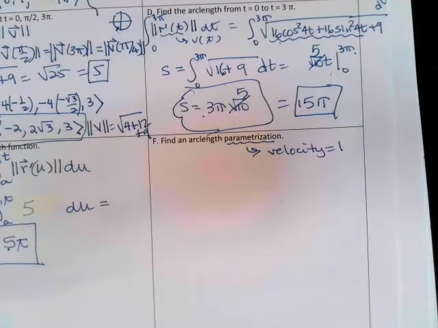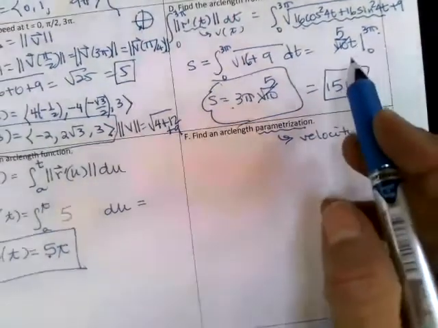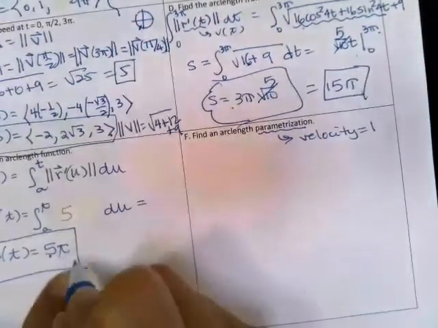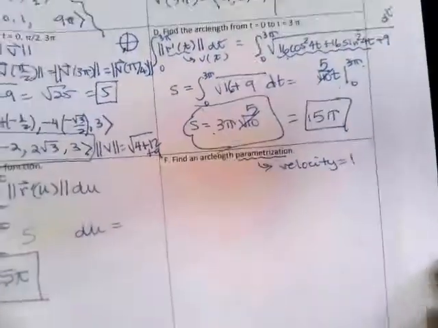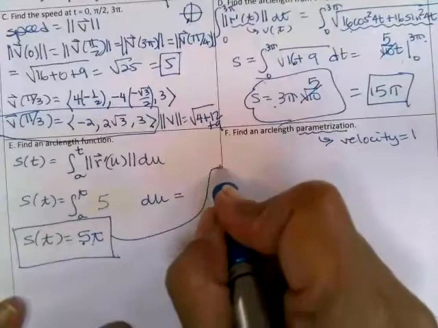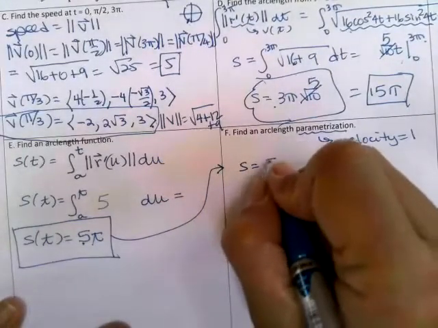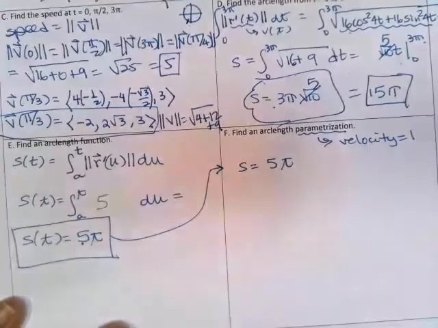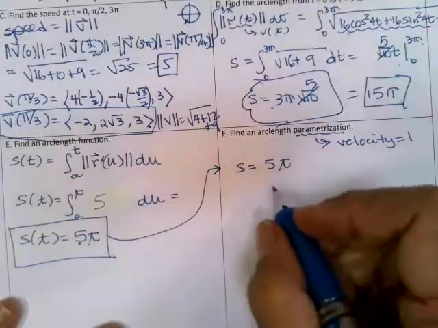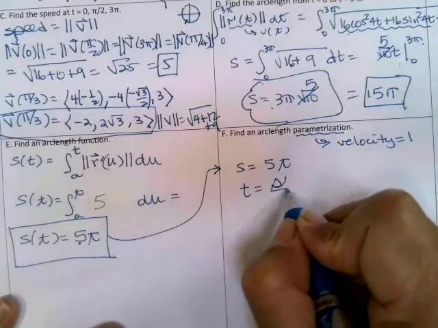Let's go back up. We're going to grab our arc length function, so I'm building off of things I have. Sorry. So you grab your arc length function: s is equal to 5 times t. We solve this for t.